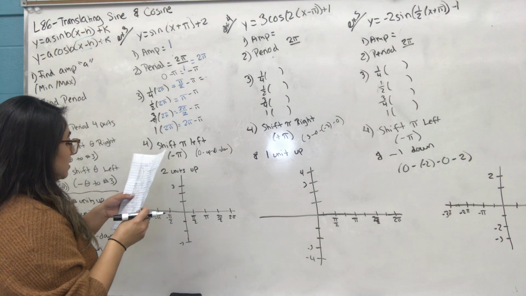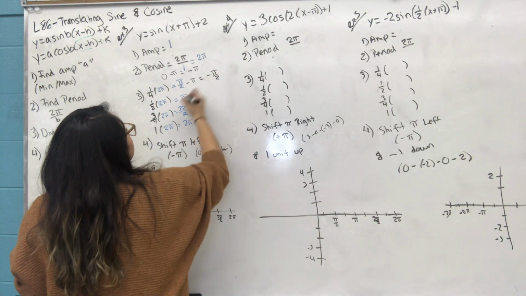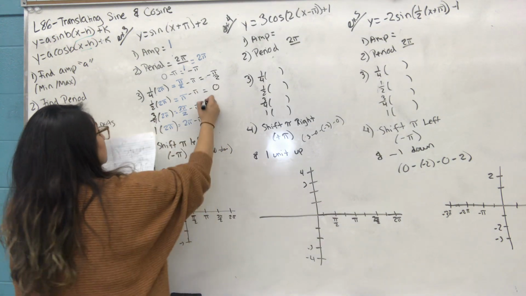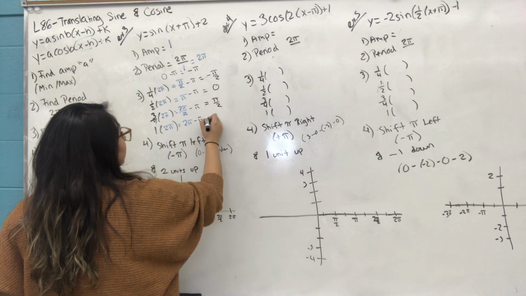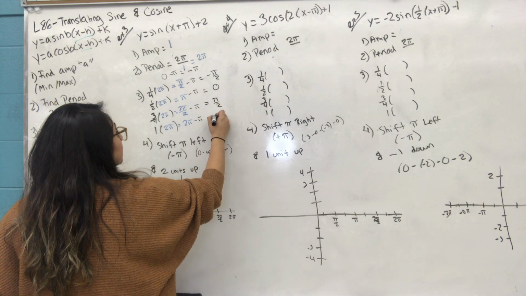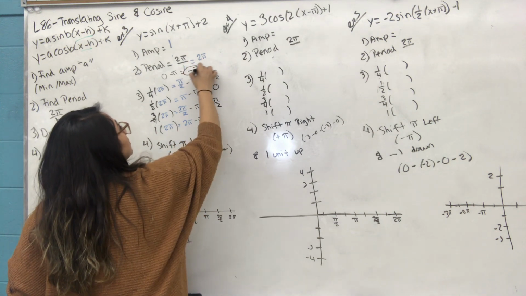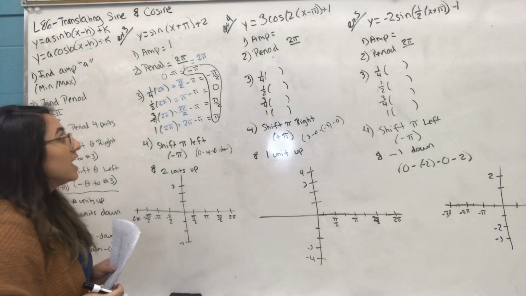I just want to make sure I don't mess up here. I have negative π over 2. π minus π is 0. 3π over 2 minus π, I end up with π over 2. And then 2π minus π, 2 minus 1 is just 1, and you have to include the π there. So that means your new set of points are these here because of your shift.